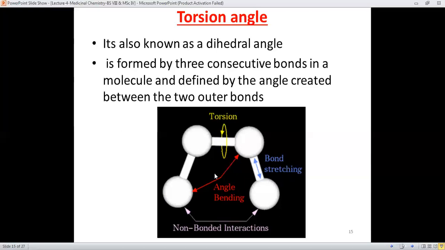It means that it's not the angle between two atoms, it's the angle between the two planes, and in one plane there are three atoms. Therefore the torsion angle is formed by three consecutive bonds in a molecule, and it's defined by the angle created between the two outer bonds. It means not the inner one, and basically it deals with the planes.